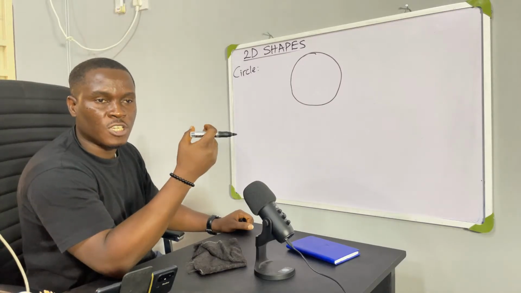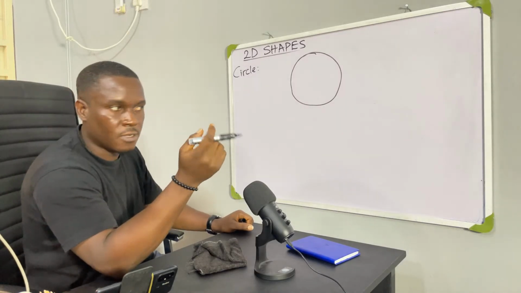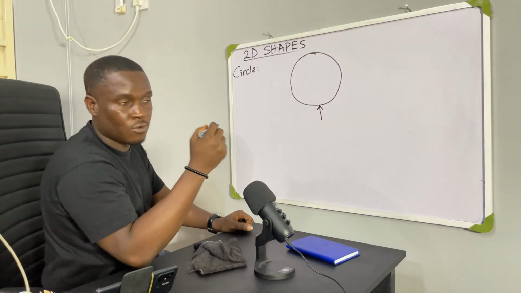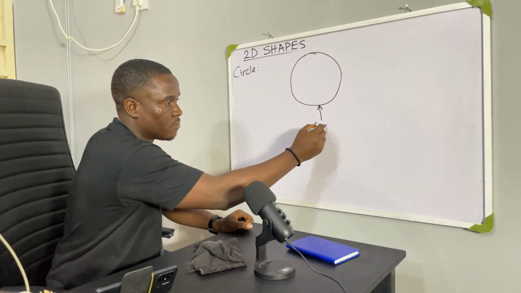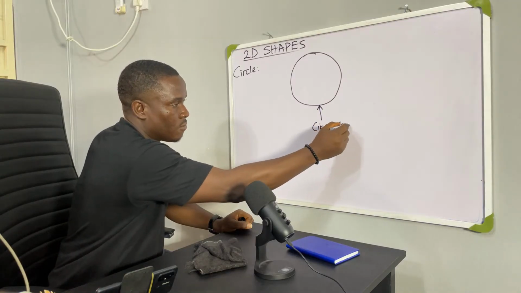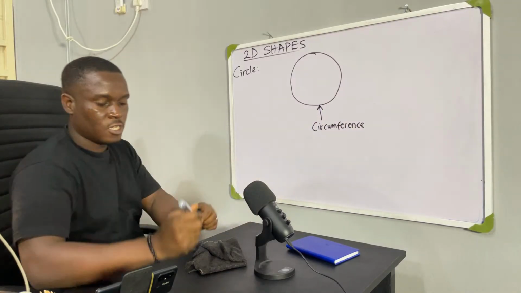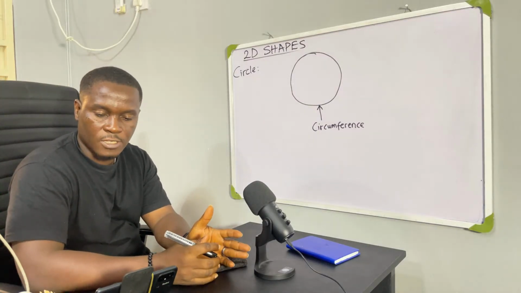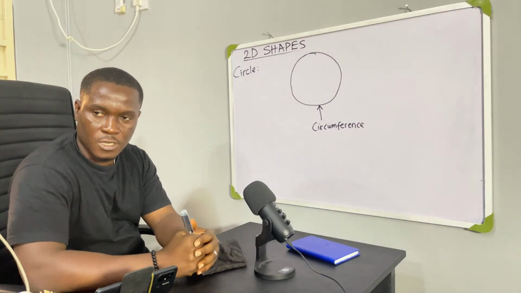For other 2D shapes, it is called perimeter. But for a circle, the line surrounding the circle is called circumference. So you don't calculate the perimeter of a circle. Instead, you calculate the circumference of a circle.